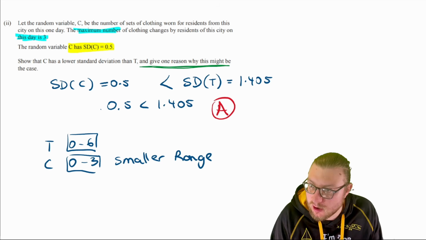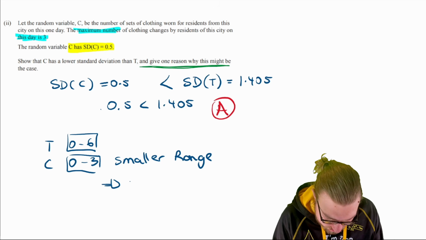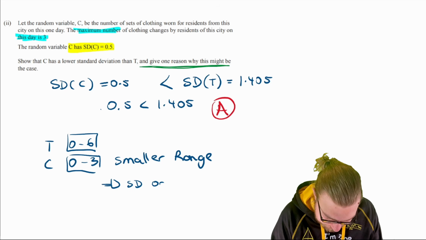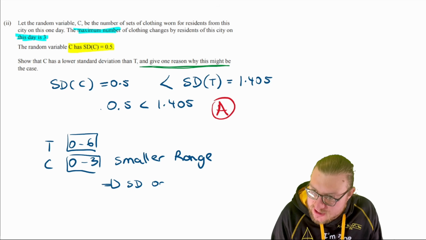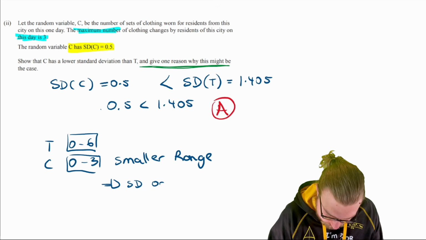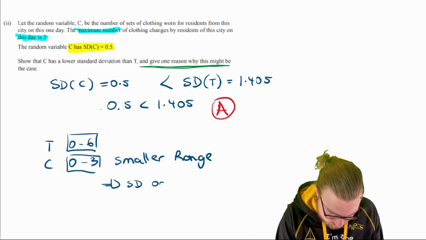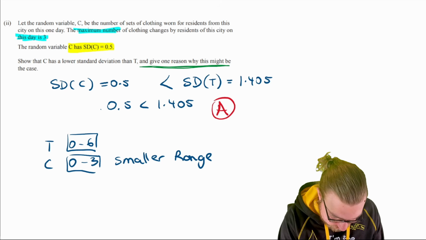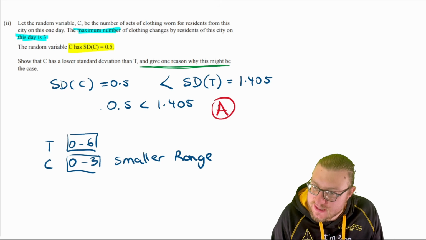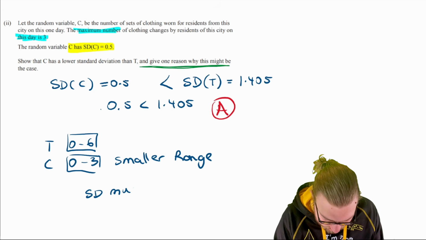And if we have less opportunity or less range, of course the standard deviation is smaller.